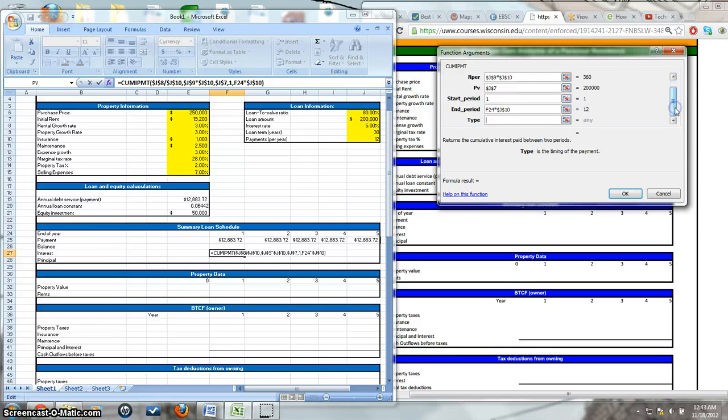And last but not least, don't forget about type. 0 is the end of period, not the beginning of period it's being paid. I'm going to work under the assumption it's going to be paid at the end of the period. You can do 1 for beginning of period. If you want, you can put in a spot for beginning or end of period payments. That's entirely up to you.